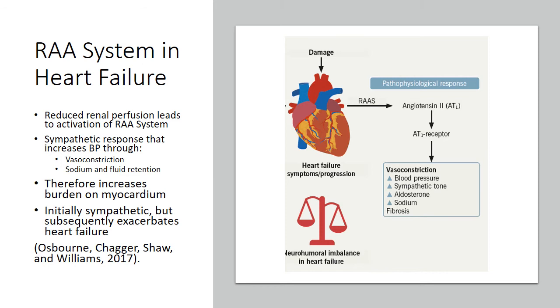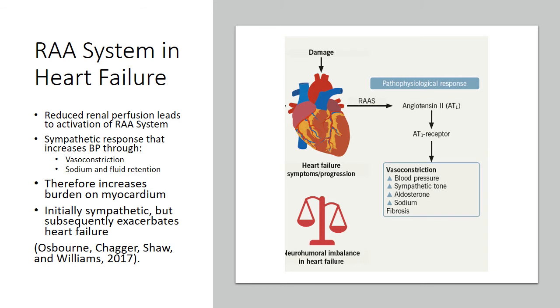But angiotensin converting enzyme then converts angiotensin 1 into angiotensin 2, which is responsible for vasoconstriction. And so what we can see on our diagram on the right is that when we have vasoconstriction, we end up with an increase in blood pressure, an increase in sympathetic tone of the circulatory system.